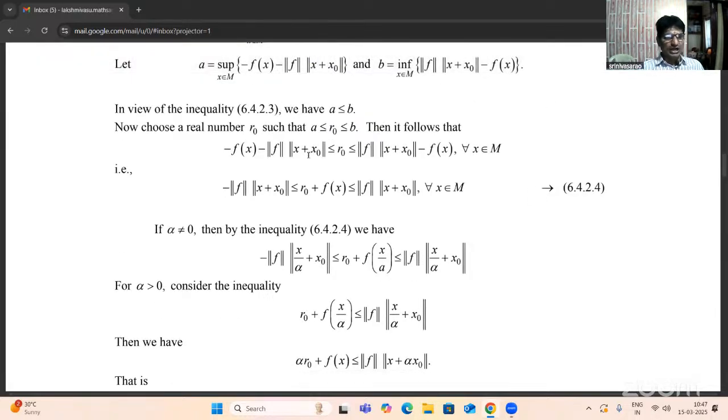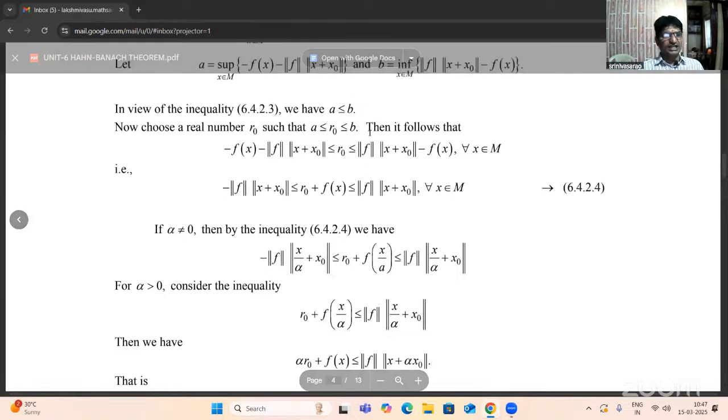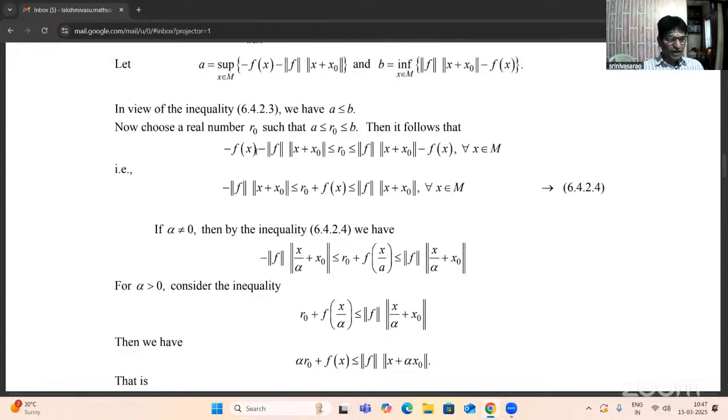That is the simple proof. There is nothing confusing here. Let r naught be any real number; that real number lies between a and b, so a is less than or equal to r naught, which is less than or equal to b. Then it follows that minus f of x minus norm f into norm x minus x0 is less than or equal to r naught, and less than or equal to norm f into norm x plus x0 minus f of x.